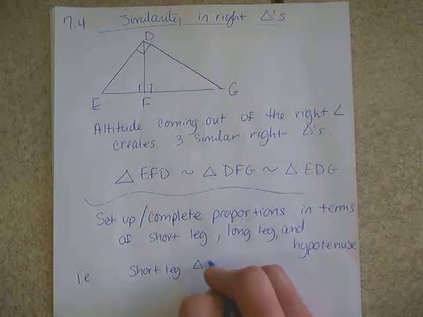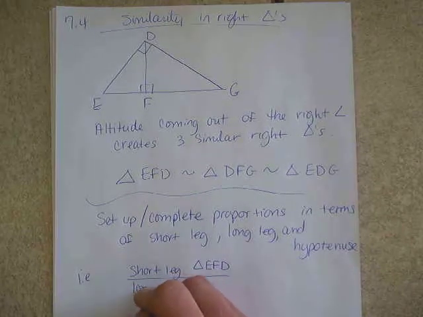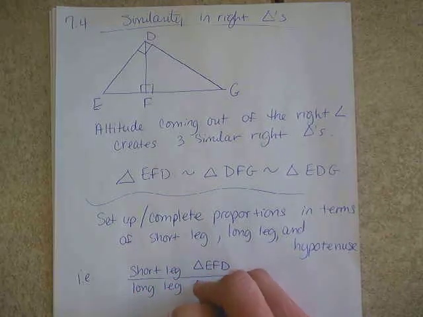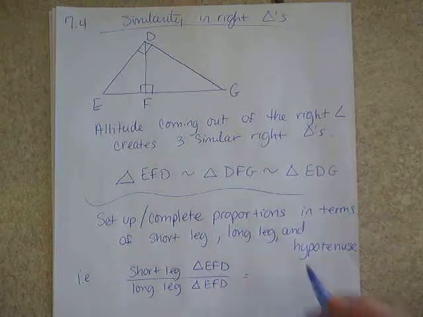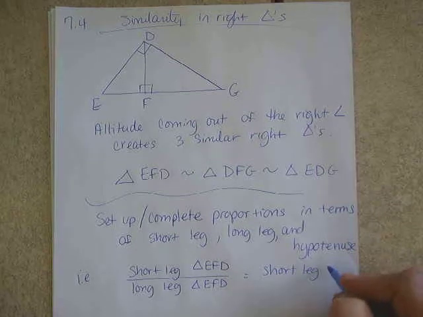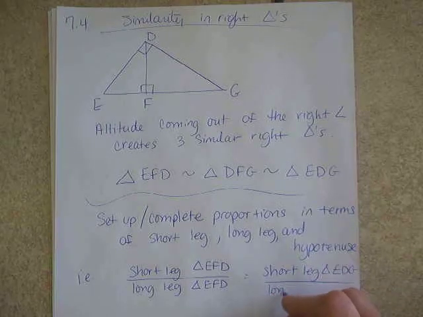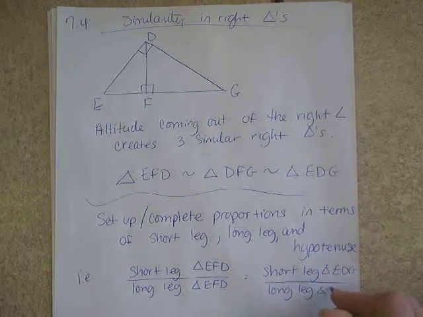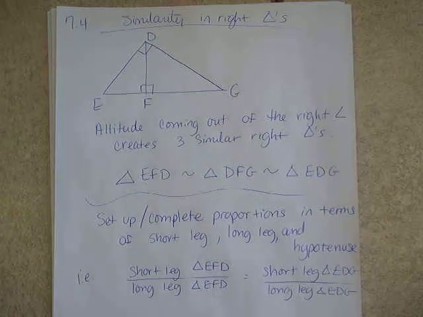For instance, you could say the short leg of triangle EFD over the long leg of triangle EFD should be in the same ratio as the short leg of triangle EDG over the long leg of triangle EDG.